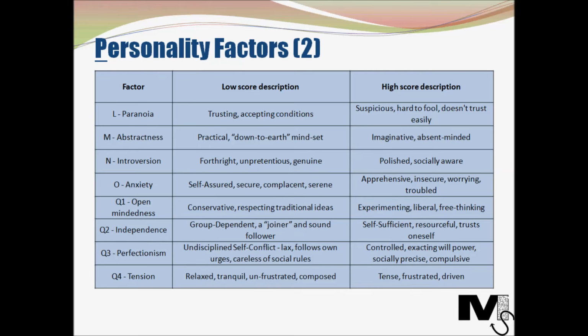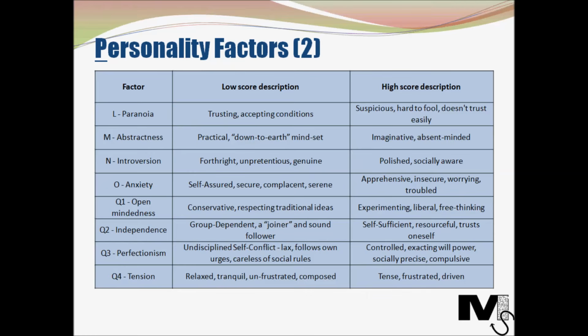A high score description can mean being suspicious, hard to fool, and a person who doesn't trust other people easily. M is abstractedness, and a low score description can mean being practical and down to earth. A high score description can mean being imaginative but absent-minded.